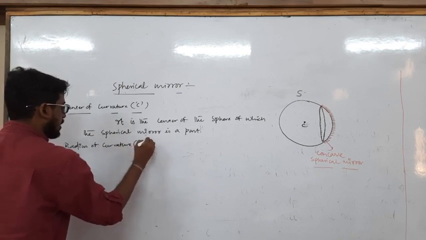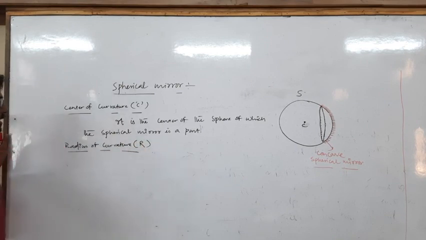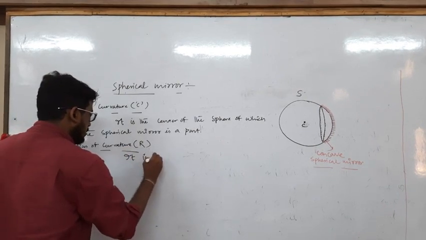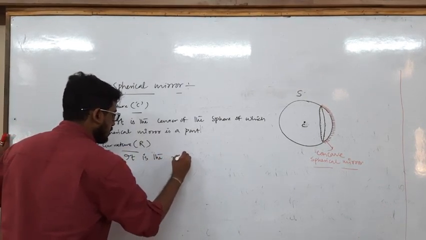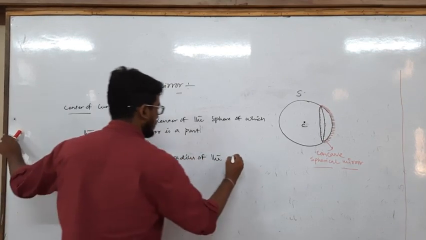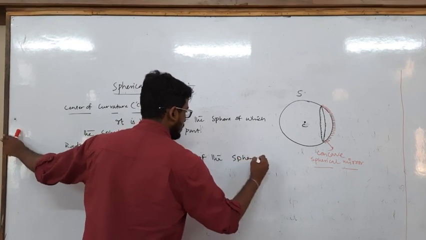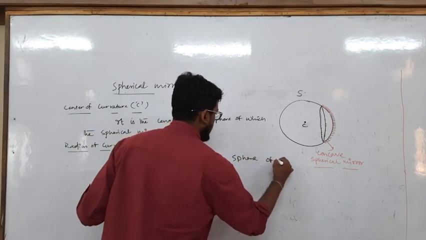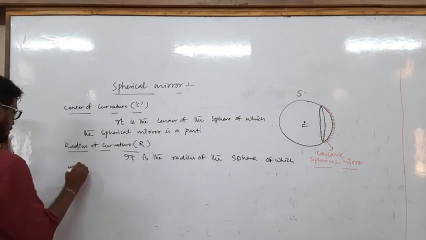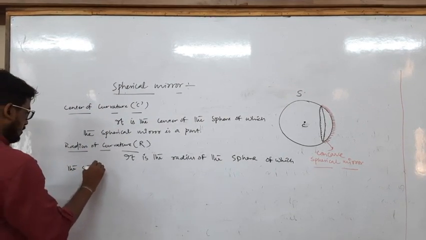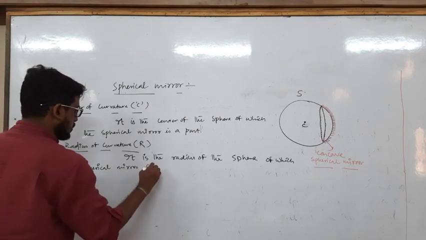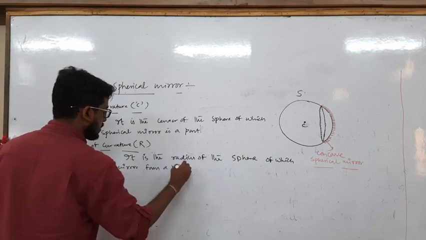Next, radius of curvature, denoted by capital R. What is the radius of curvature? It is the radius of the sphere of which the spherical mirror forms a part.